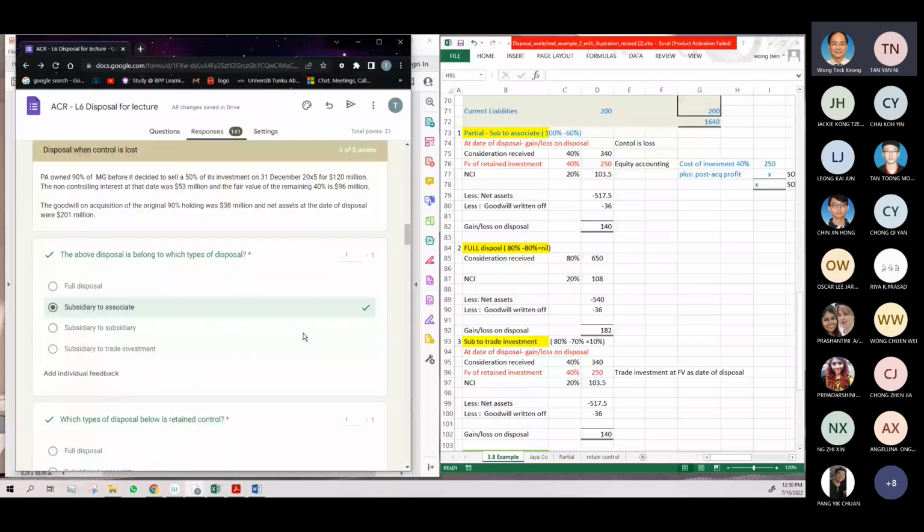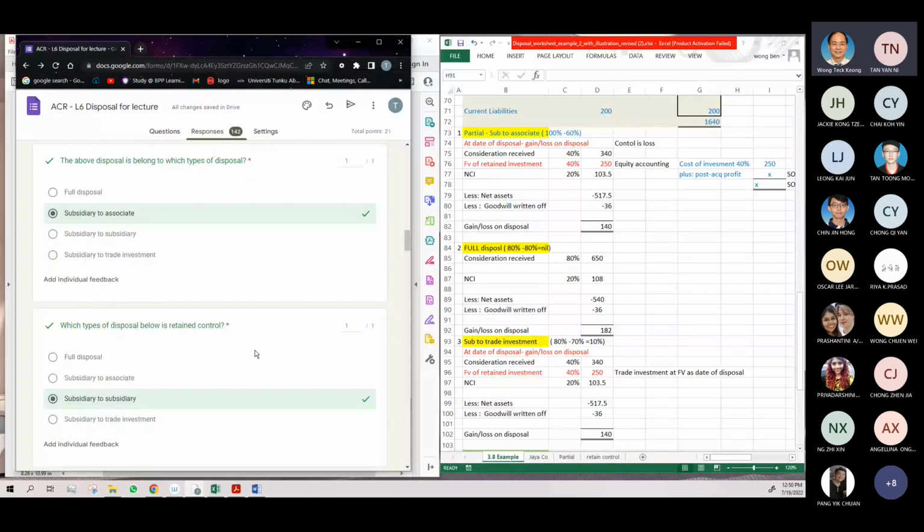Okay, let's go through your questions. Online. So first one, PA owns 90% of MG and sells 50%. So your 90%, sell off 50%. So you have 40%. So this is a partial loss of control, subsidiary to associate. Okay, so it's correct. Okay, then this is what type of disposal? Subsidiary to subsidiary is retain control. Yes.